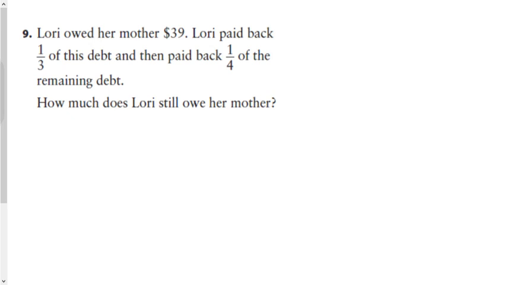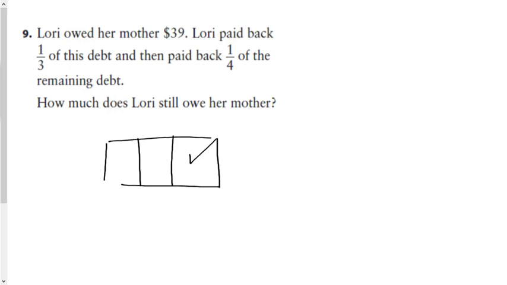Question 9 says Lori owes her mother $39. Lori paid back 1/3 of her debt, then paid back 1/4 of the remaining debt. Now watch. I'm going to show you. So here's her debt. Now of this debt, she paid back a third. She paid back this much, didn't she?